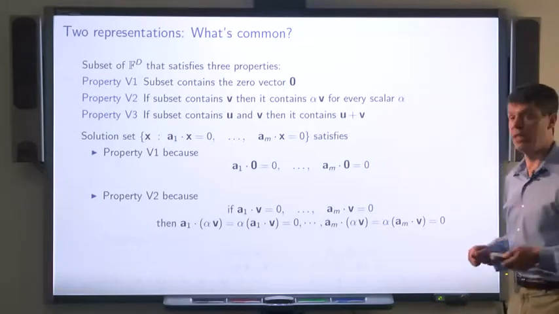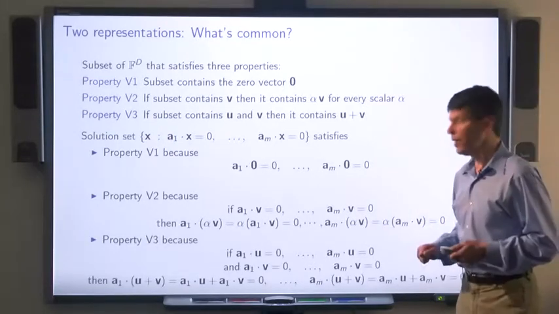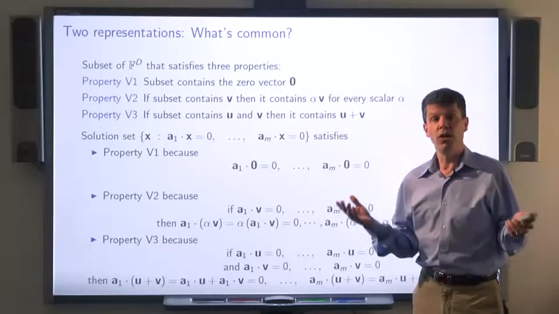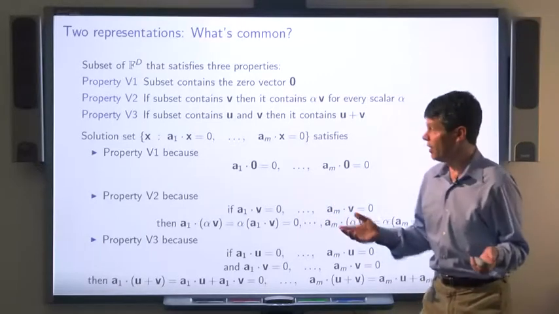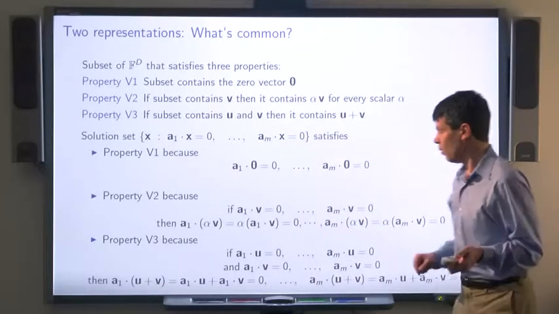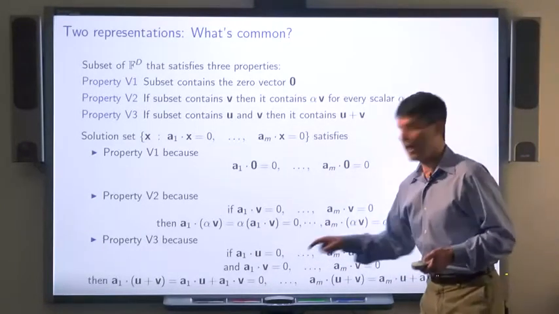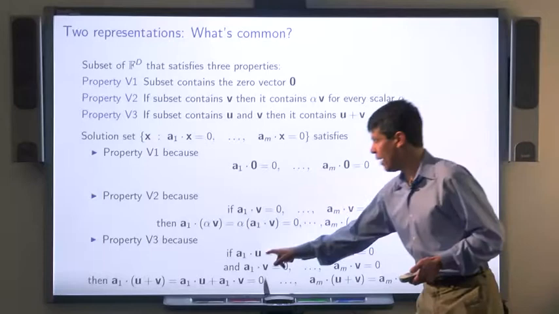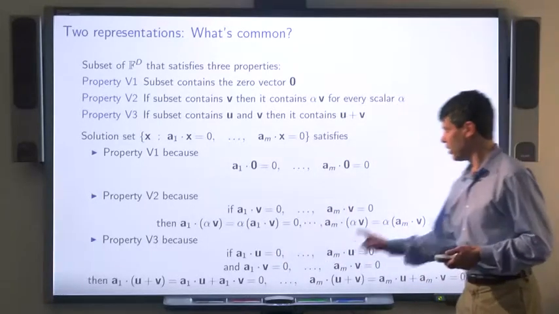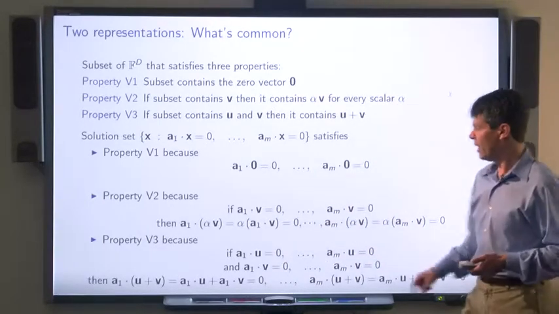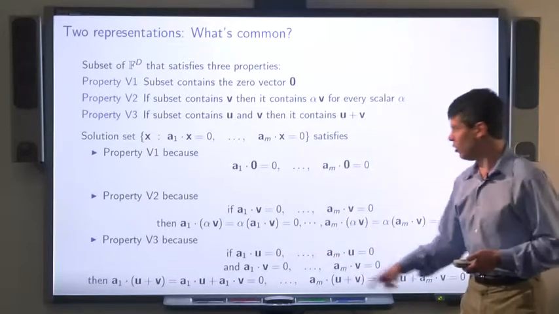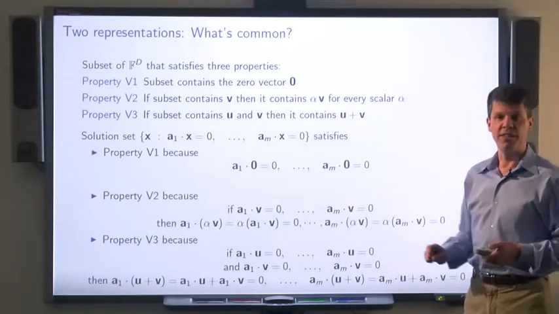Now let's turn to property v3. Similarly, suppose you have two vectors u and v that lie in the solution set. Well, that means u and v satisfy all these linear equations. That is, the dot products are all 0. a1 dot u is 0, and so on up to am dot u is 0. And similarly, a1 dot v is 0, all the way up to am dot v is 0.